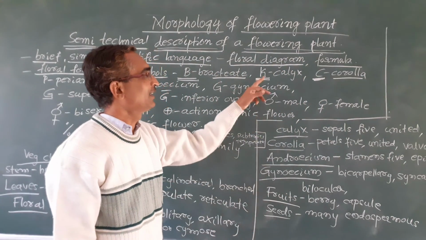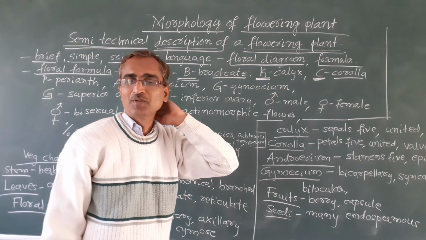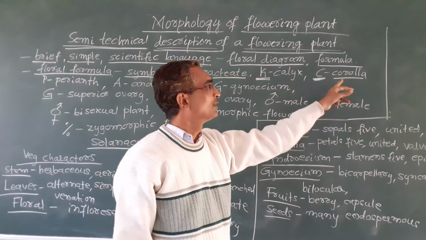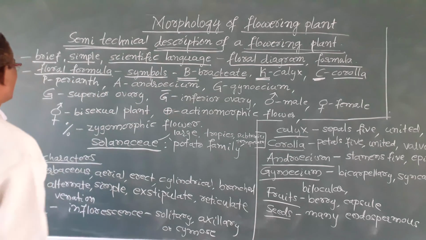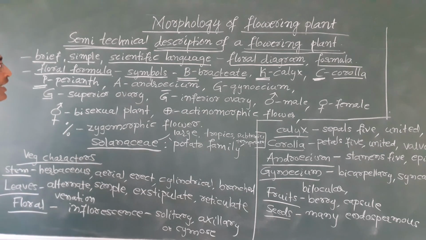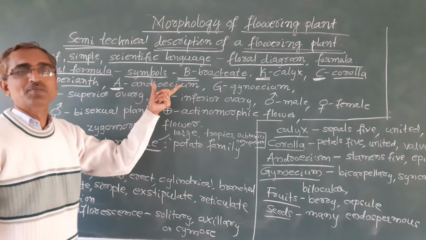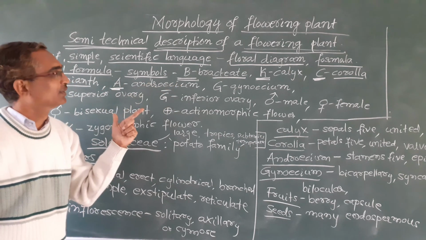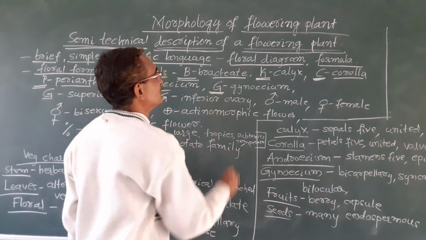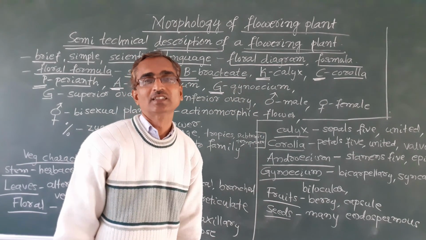In a flower, after the calyx we have the corolla, whose individual members are called petals. Capital P denotes the perianth. Capital A denotes the androecium, the male reproductive structure, and capital G denotes the gynoecium, the female reproductive structure.